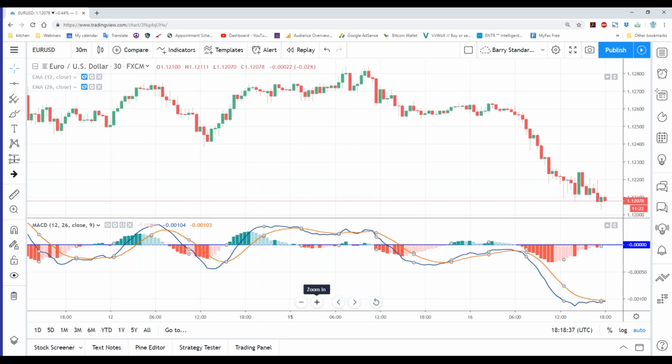Now this histogram takes into its calculation the difference between the MACD line and the signal line, the depth of that difference, and tells us what we can expect. So when we have the MACD and the signal line crossing each other, like we do here, the histogram will always be at 0.